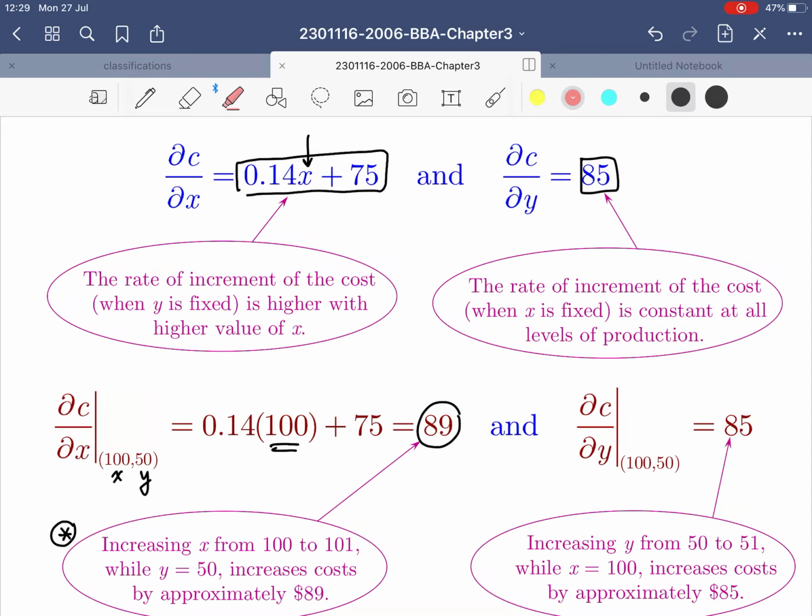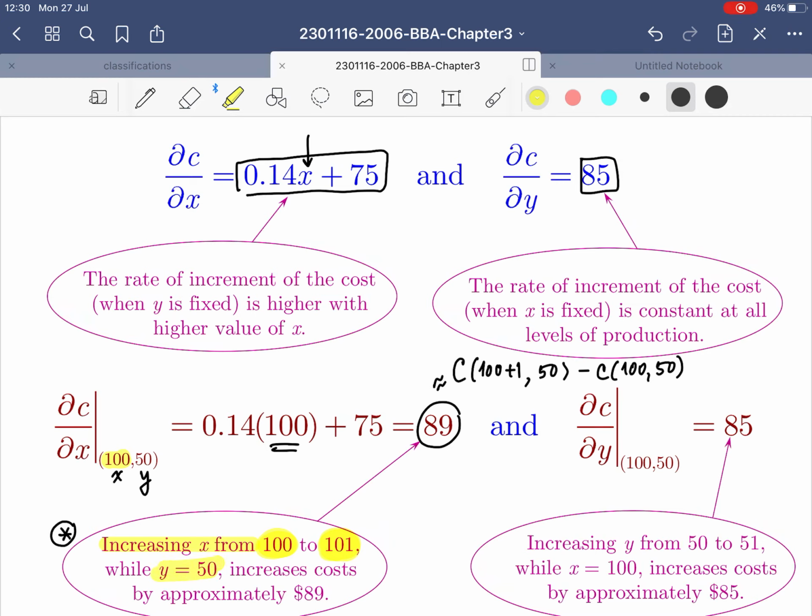It says that if you increase your x originally from 100 to one more, 101, this is a good approximation of the cost of (101, 50) minus the cost of (100, 50), remember, as we explained previously, with y standing still.